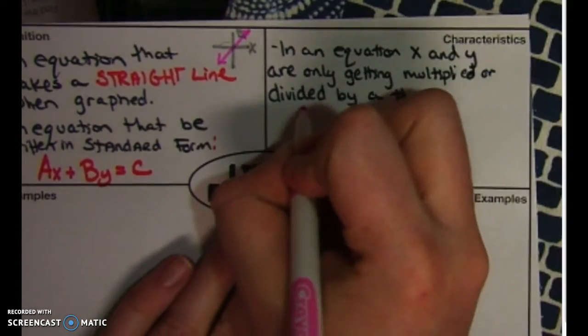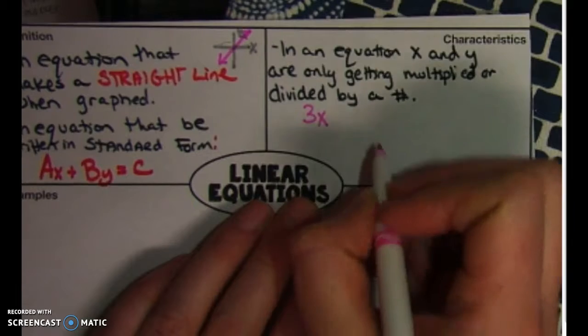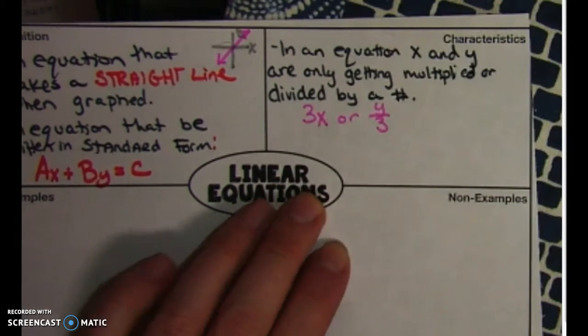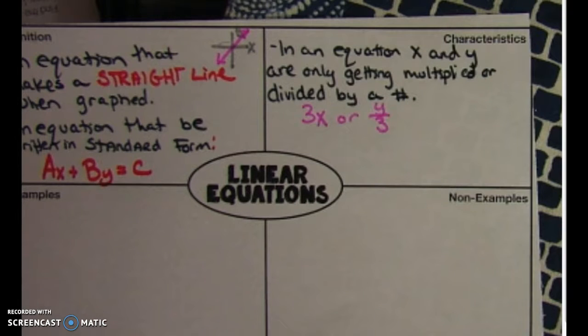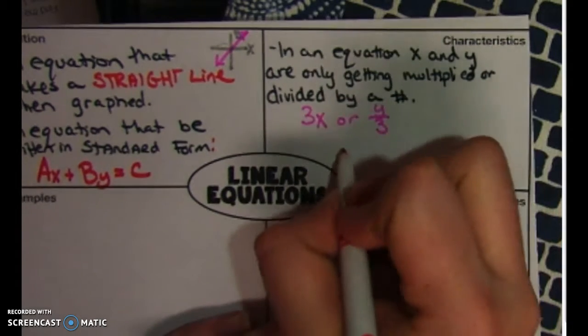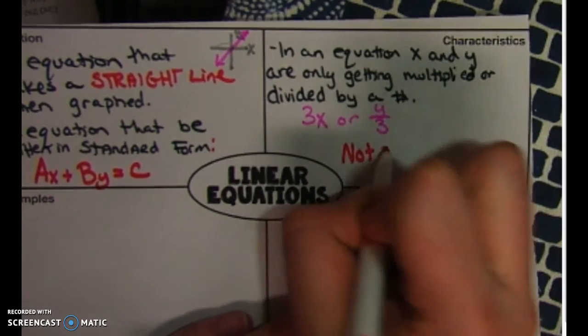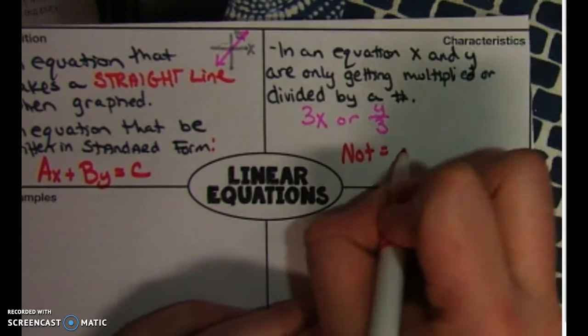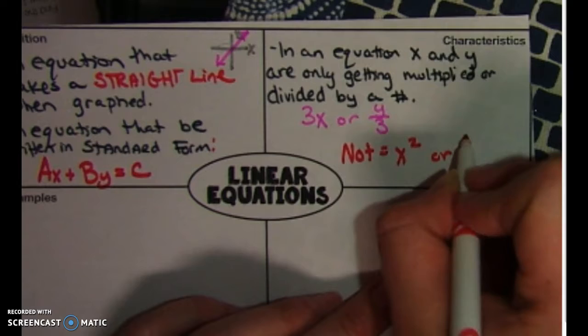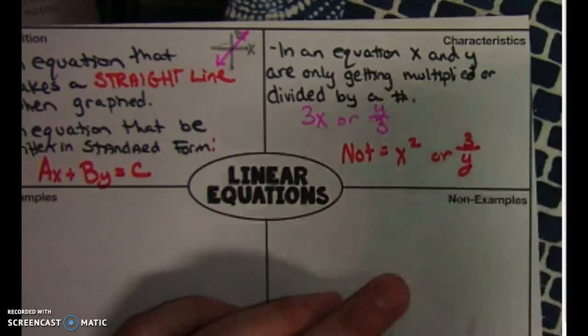Have something like 3x or y over 3. Okay, those are opportunities. Okay. Y over 3. It's not going to be something squared, like x squared, or 3 over y.